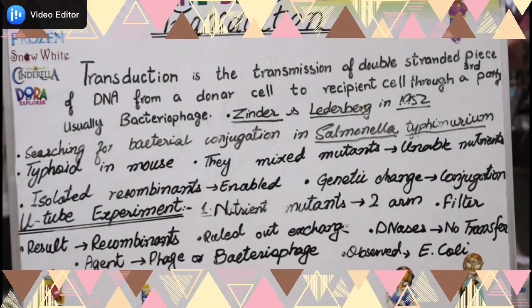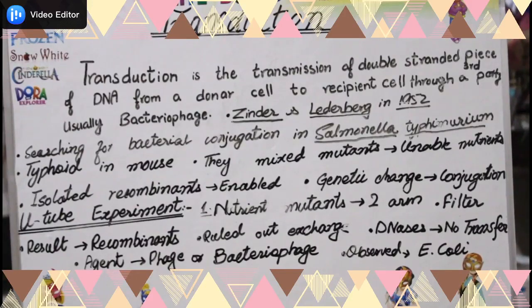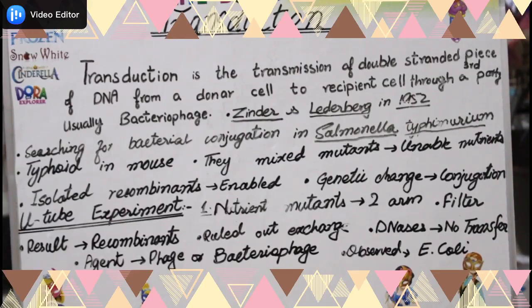Okay, how did they discover transduction? There are some circumstances behind all the discoveries of science, some story or coincidence. So here was also one story: they were working with Salmonella typhimurium, which is a bacterium that causes typhoid in mice.